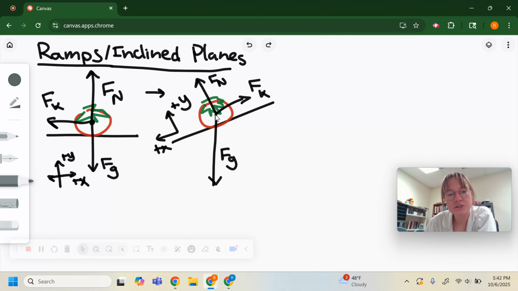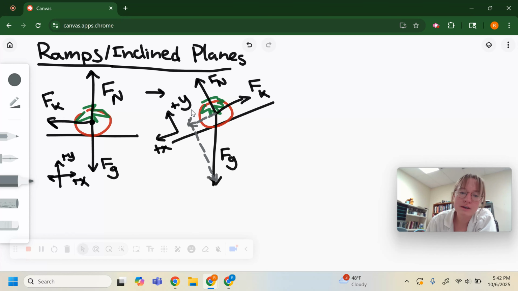Gravity is pulling straight down, but there is a component of this gravity that is parallel to the ramp like this, and there is also a component that is perpendicular to the ramp like this. So there's a component that's parallel and a component that's perpendicular.